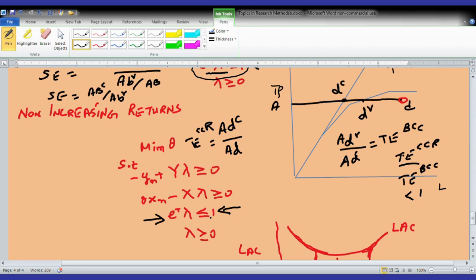When this is done, then this variable return to scale model turns into what is known as the non-increasing returns to scale. Non-increasing returns to scale will have two components: one constant returns to scale component and the other decreasing returns to scale component.